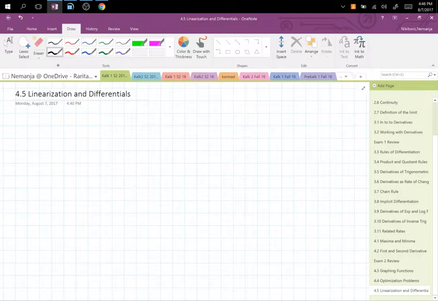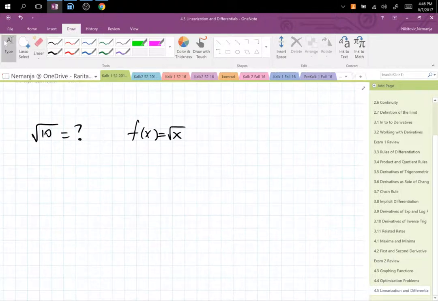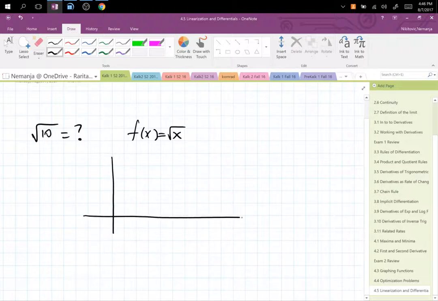So, saying that you are interested in, let's say, square root of 10. You want to compute square root of 10. You know that the function in which you would be plugging numbers is square root of x, whose graph looks like this, right?